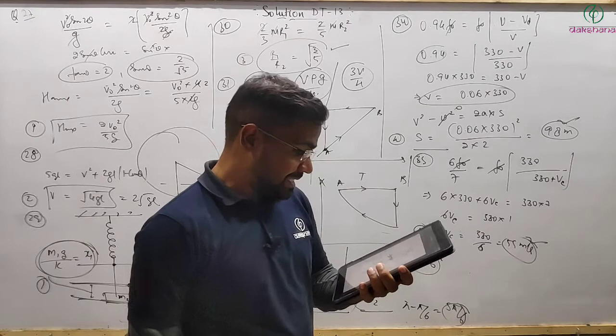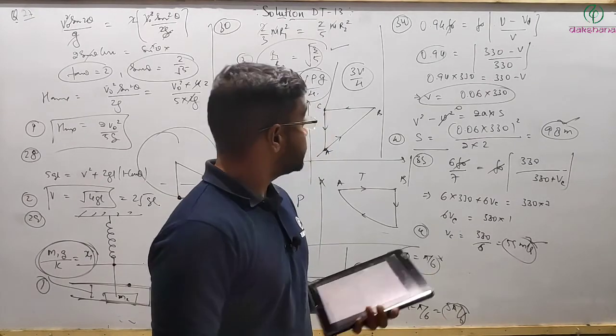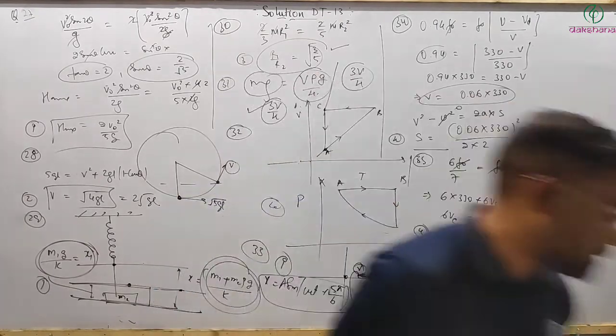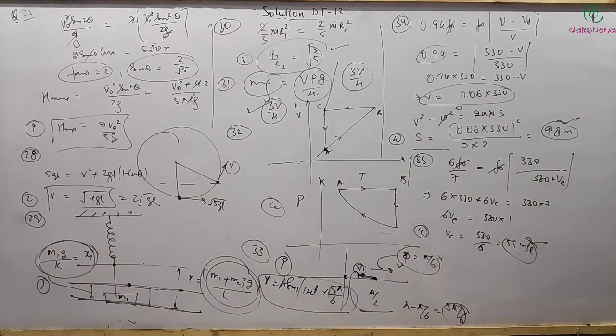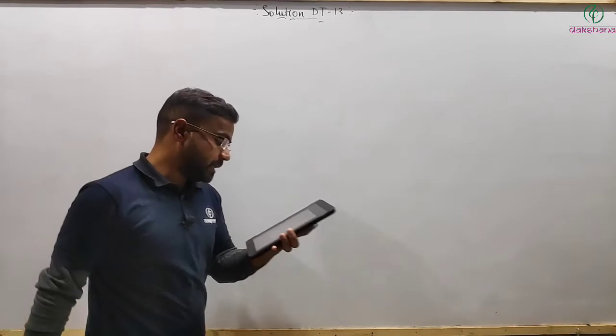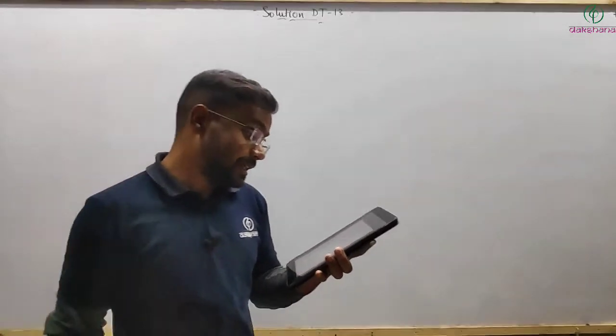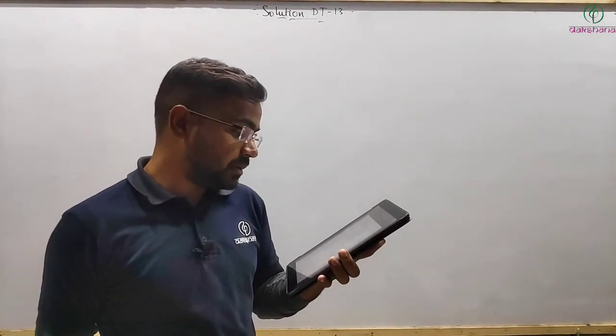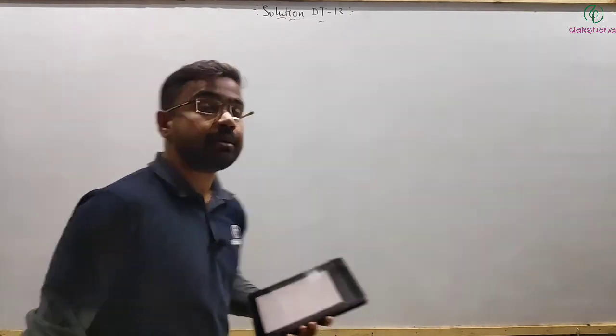Next, question number 36. A particle is projected from the ground and with the initial velocity v at an angle theta with the horizontal, then the average velocity of the particle between its point of projection and highest point of trajectory.